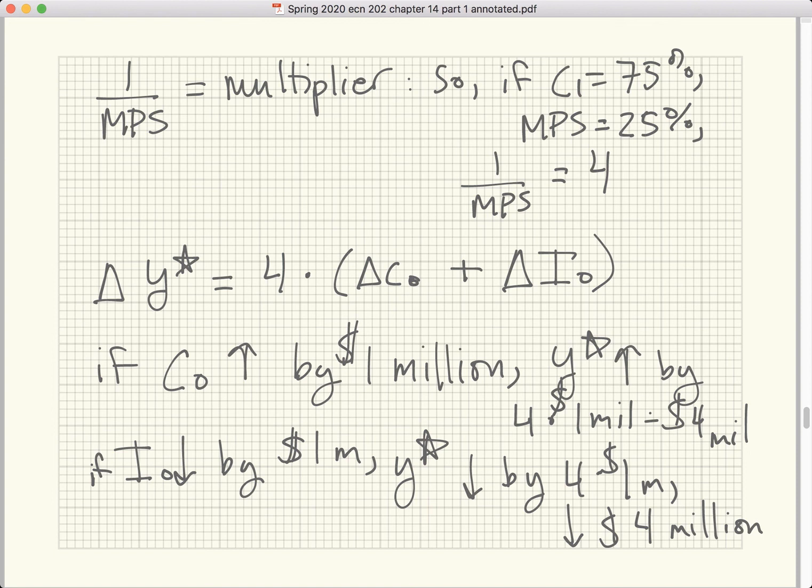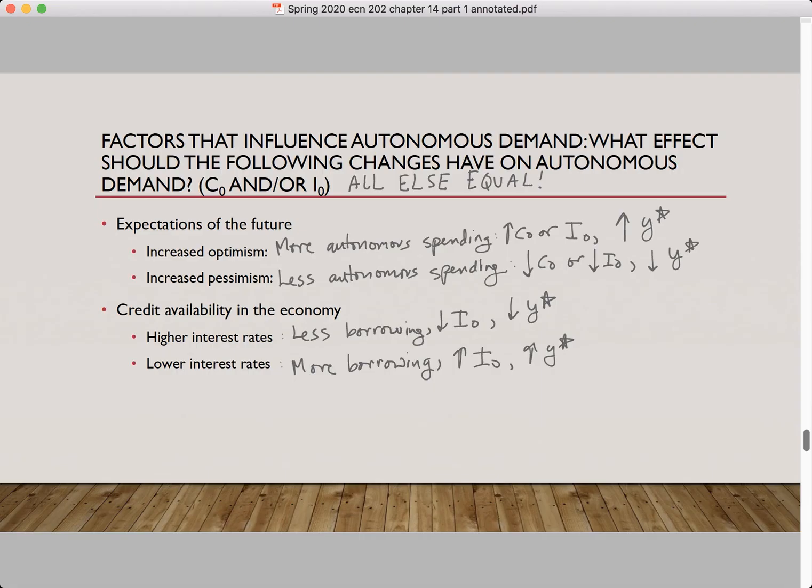If autonomous consumption increases by 1 million, then equilibrium GDP should increase by 4 million, or 4 times 1 million. If investment expenditure decreases by 1 million, then equilibrium output Y star is going to decrease by 4 million, which is equal to 4 times 1 million.